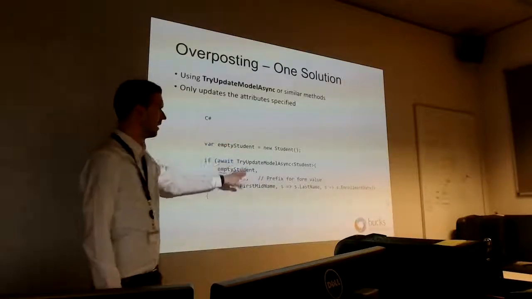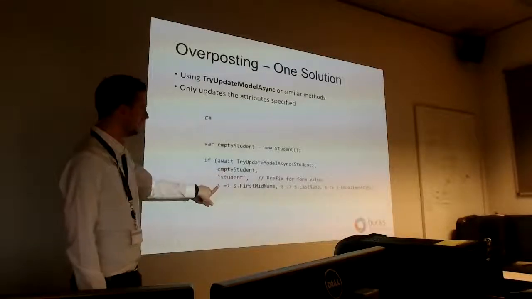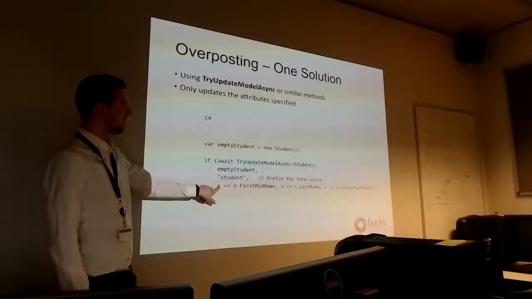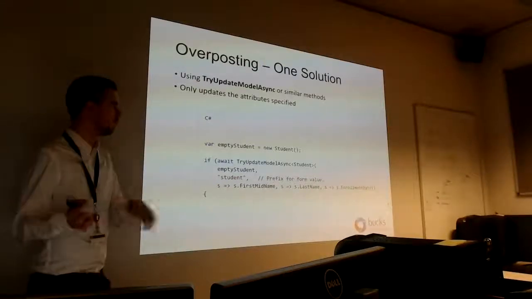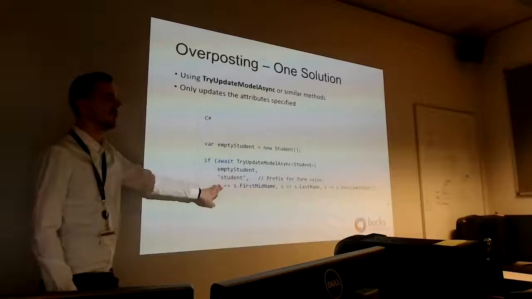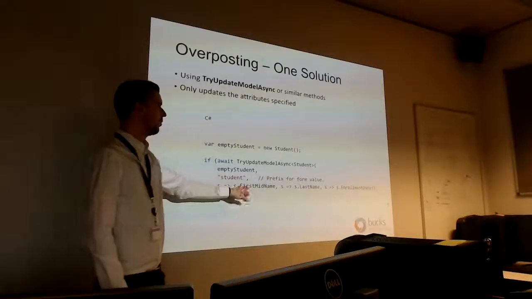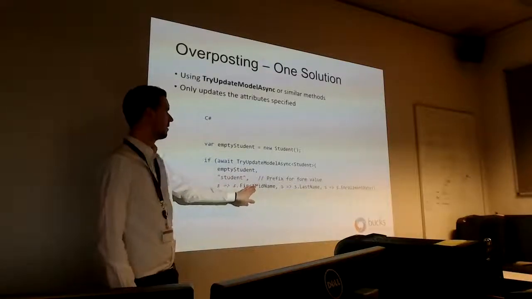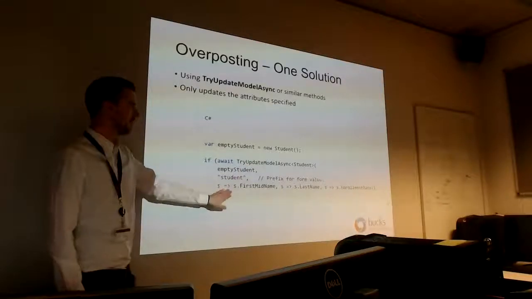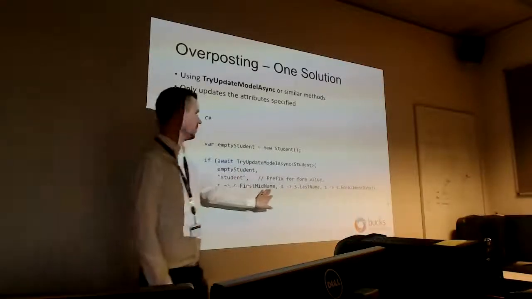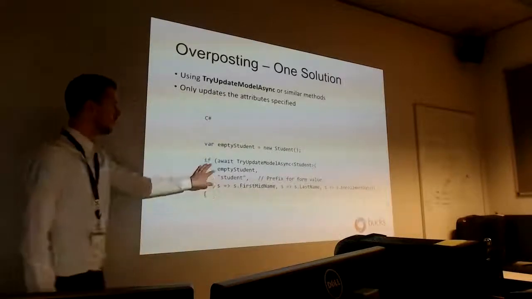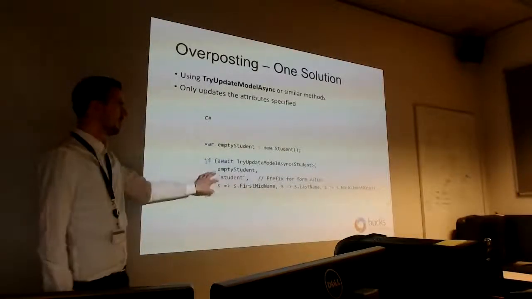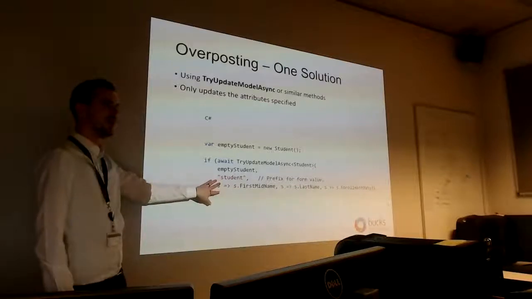What happens here is instead of just passing the whole model over to the database, we're specifying, restricting what attributes we want to update. So this method is only going to update first mid name, last name, and enrollment date. So you're manually restricting what fields will be updated through this method.